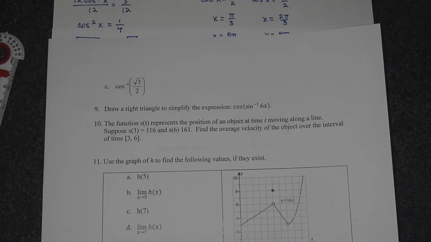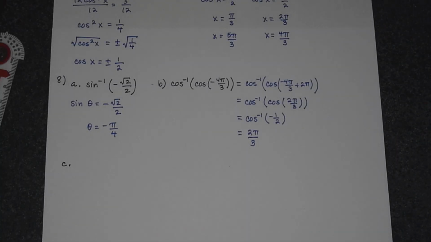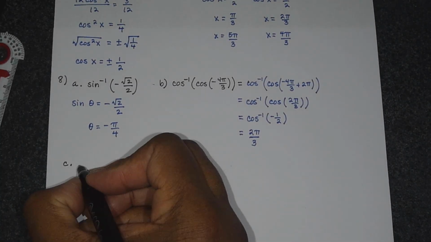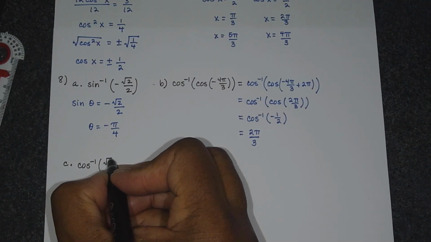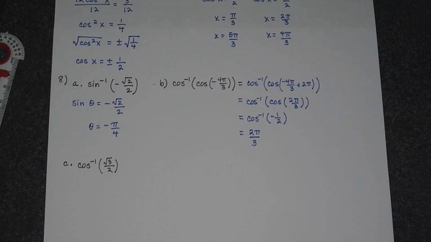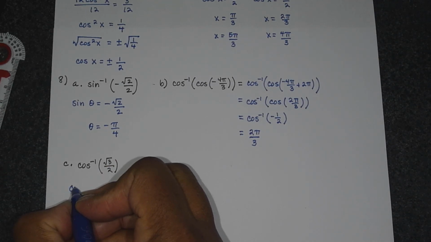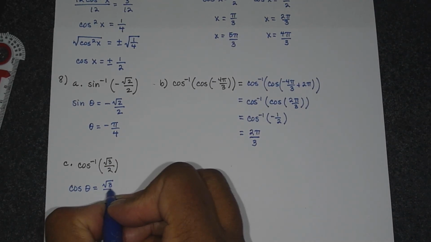Here we got the cosine of inverse cosine of square root of 3 over 2. Inverse cosine of square root of 3 over 2. That means I need the angle where the cosine of theta is equal to the square root of 3 over 2.